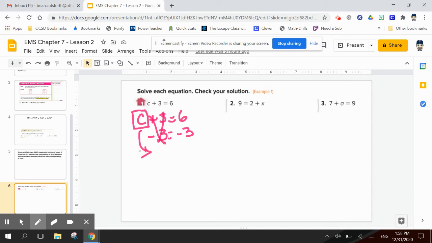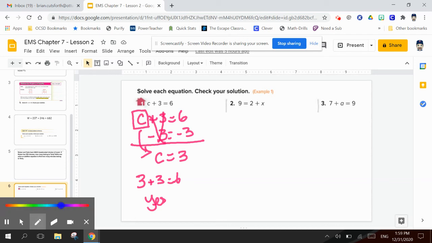I bring down the C. 6 minus 3 is 3. So when I check my solution, is 3 plus 3 6? Yes. Please pause the video to do the next two problems on your own.